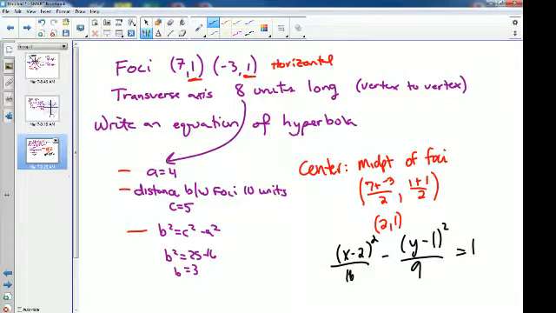Center is 2, 1. This is A squared. This is B squared. Fantastic.